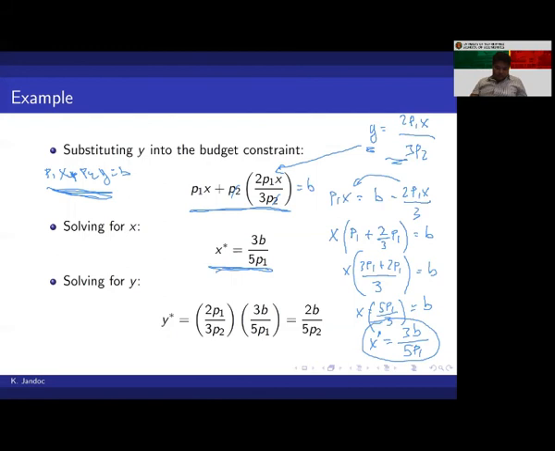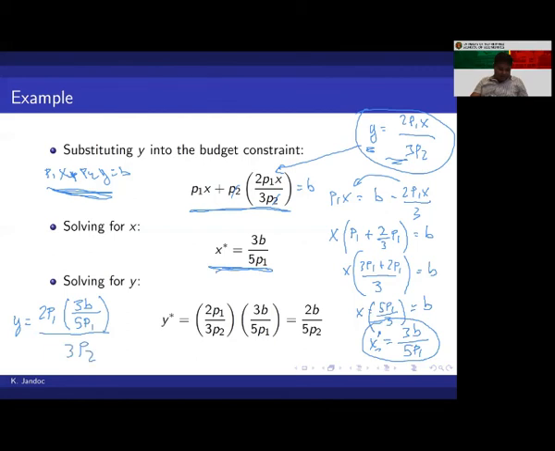And so, when inserting this x star into the equation for y, y is equal to 2p1 times x, which is 3b over 5p1, and then we divide everything by 3p2.